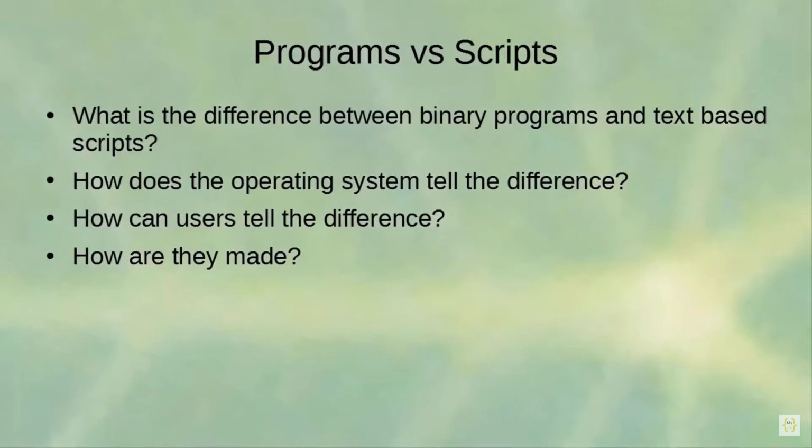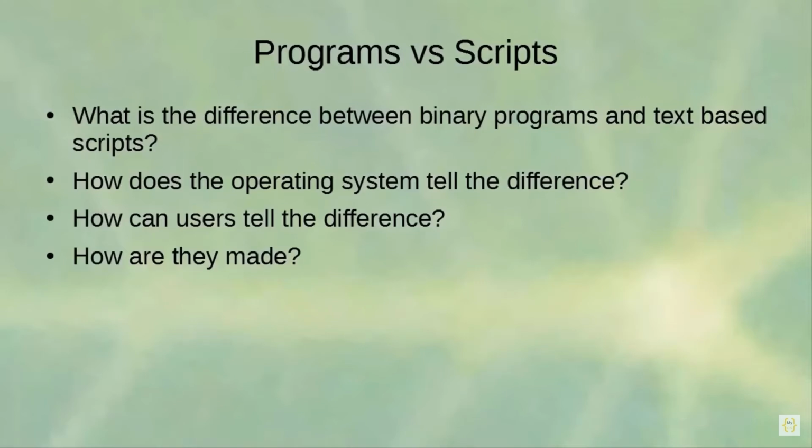So when you run a binary program, well, there's multiple parts to a binary program, but one of the main parts is you have actual machine code that is understood by the CPU directly. In a text-based script, what you have is human-readable code that is interpreted and converted to instructions as it runs.